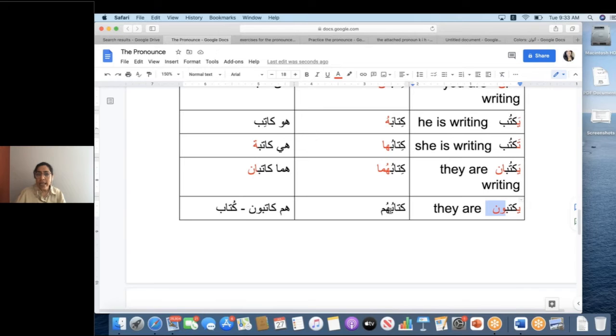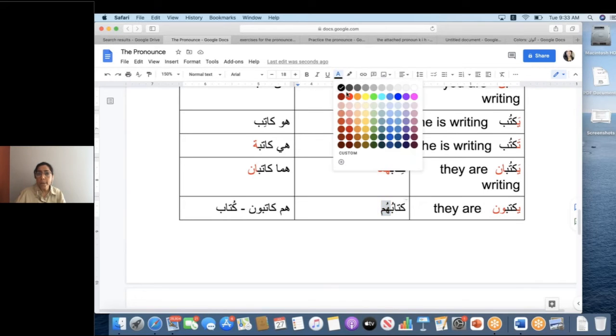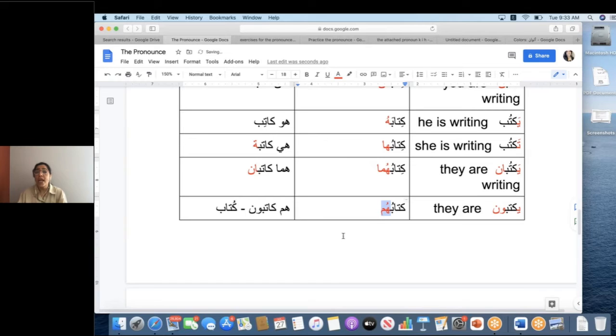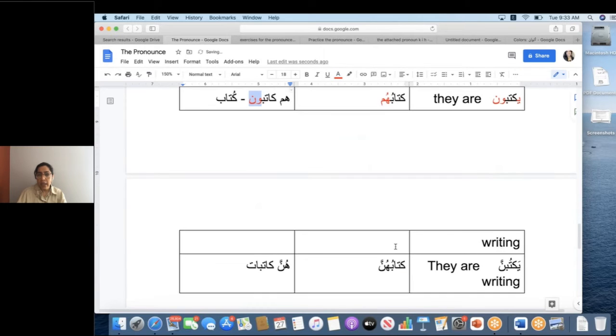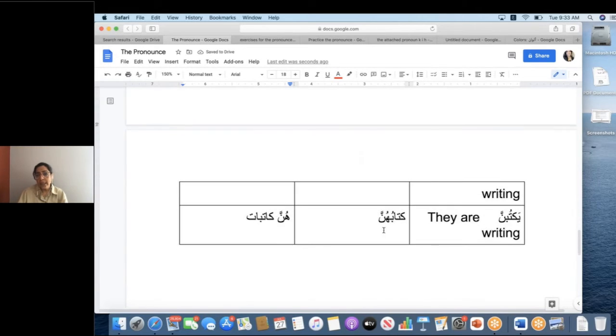Then I will say كتابهم, my students, their book. كتابهم جيد, their book is good. So I will say هم كاتبون, واو نون, or هم كتاب. You see? And for feminine, which you will not have these, but you will have this one. هن كاتبات, ألف تاء, to make up for the feminine plural.